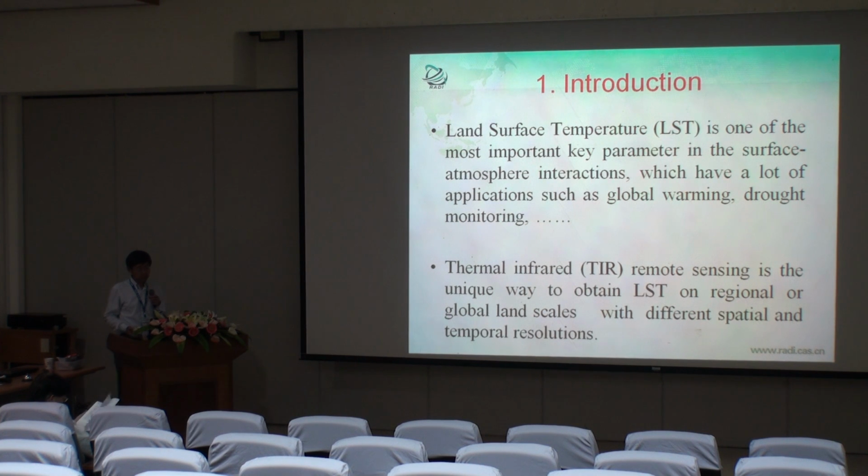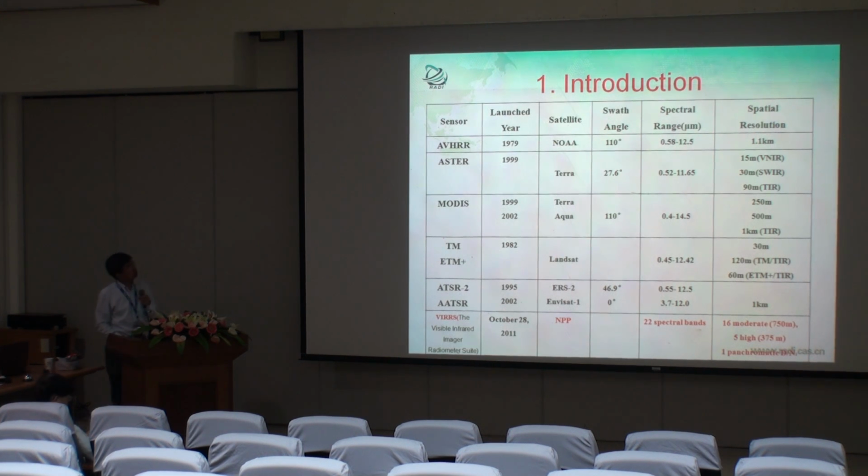Up to now, thermal-infrared remote sensing is a unique way to obtain land surface temperature on a regional or global scale with different spatial and temporal resolution. This is why thermal-infrared remote sensing is very important for land surface temperature. Up to now, there are a lot of thermal-infrared sensors, as you can see from the table.